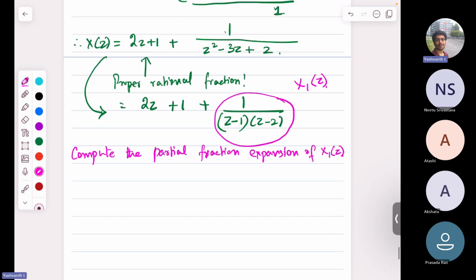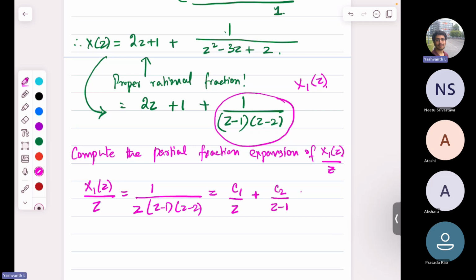Basically, you have not X1 of z but X1 of z by z, that's the trick that I told you in the beginning of the class. Just divide by z on both sides. So 1 by z into z minus 1 into z minus 2, which you can write as c1 by z plus c2 by z minus 1 plus c3 by z minus 2.